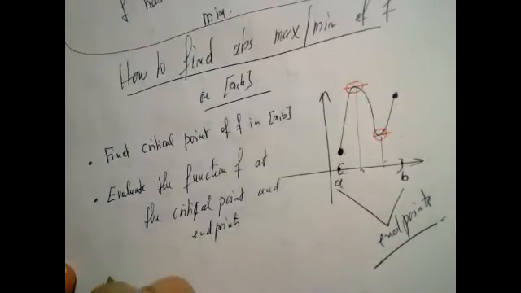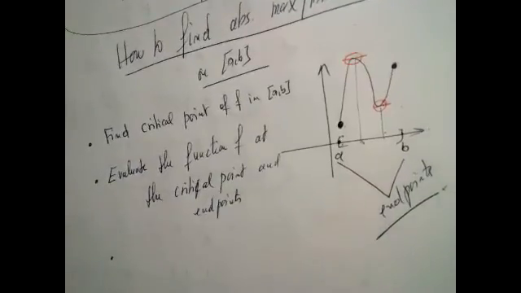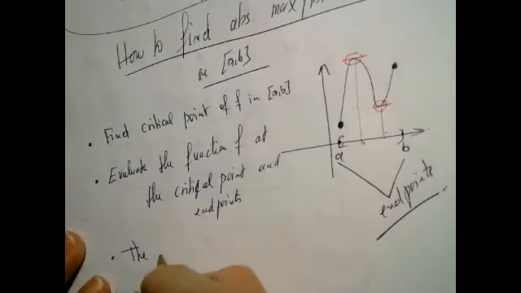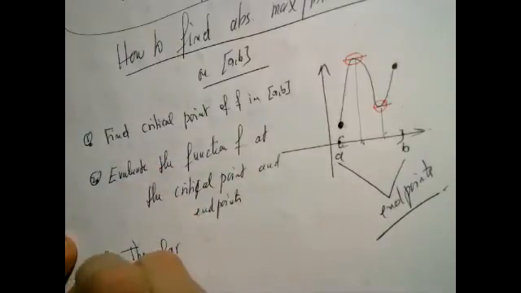And the last step is that the largest value we get is the absolute max, and the smallest value is the absolute min. So if you want, you can call this step 1, step 2, step 3.